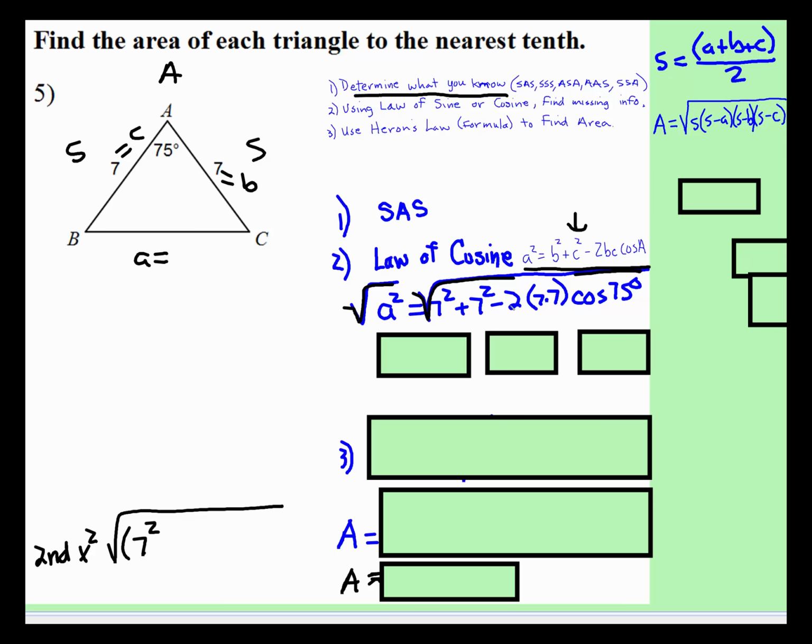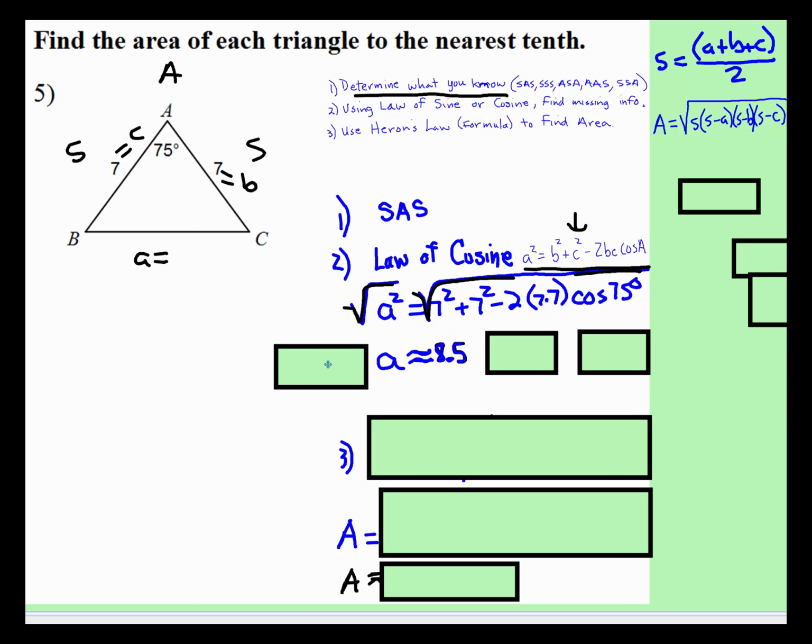You can type in the rest of that information, and at the very end you'll have to do right parenthesis, right parenthesis. So when you plug all that information into the calculator, you're going to find out that A is about 8.5.